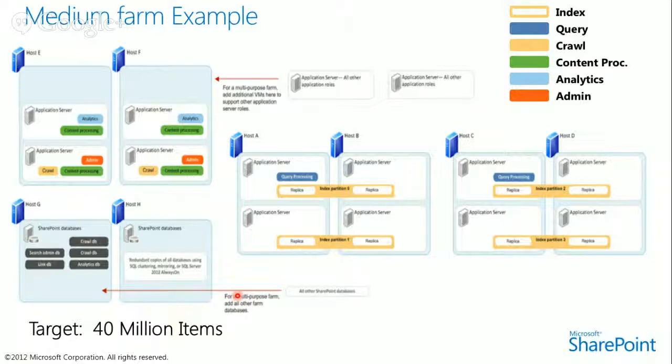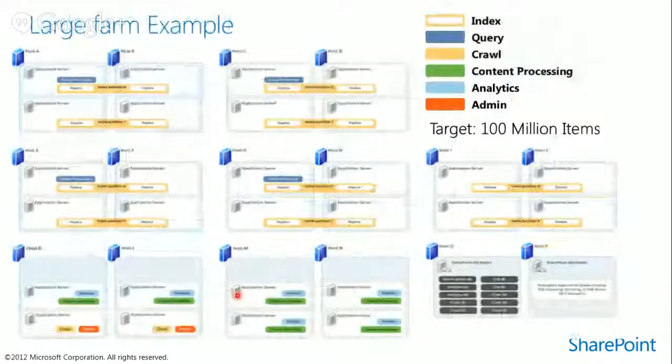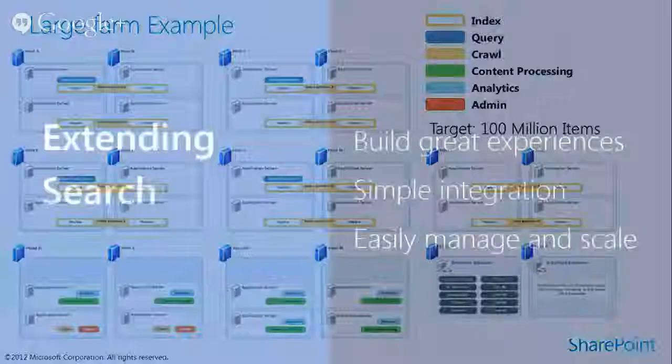Those search databases can be put in one of those instances when you plan for SQL Server Always On configuration. Now, this is a very large farm example where we will scale up to 100 million items, and considering the same math of 10 million items per index partition, we will need 10 index partitions, and we will have dedicated search components for that.